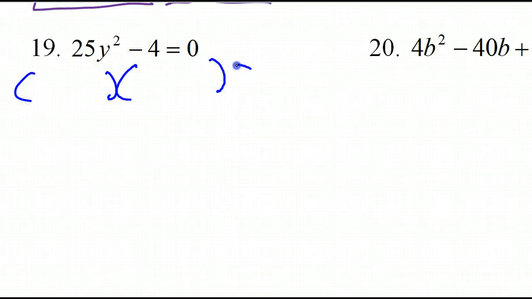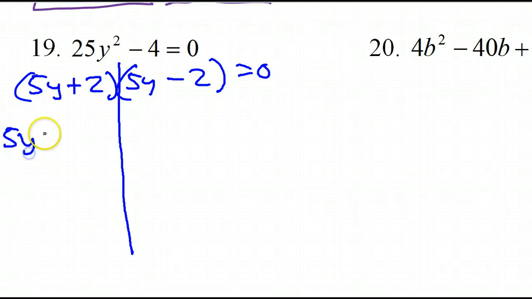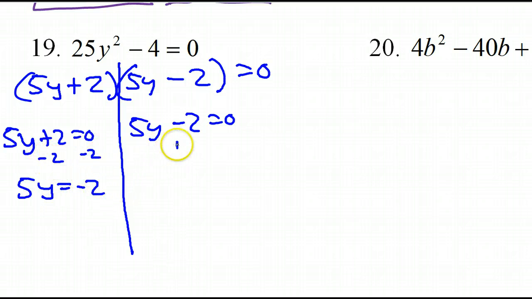This is going to factor, this is the difference of 2 squares. So 5y plus 2, 5y minus 2. Okay, zero product property. All right, 5y plus 2 equals 0, 5y minus 2 equals 0. So that's going to give me 5y equals negative 2, and 5y equals positive 2.